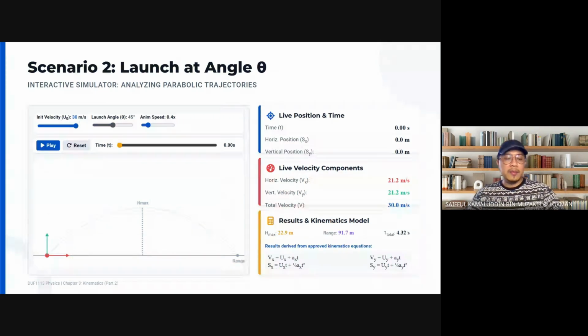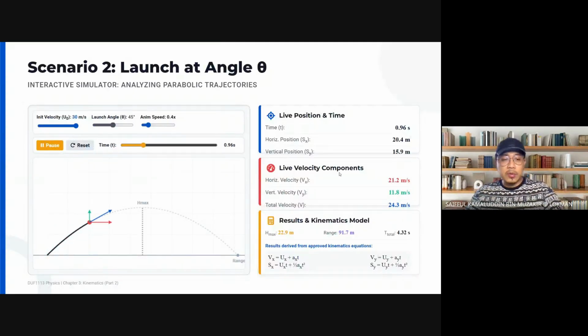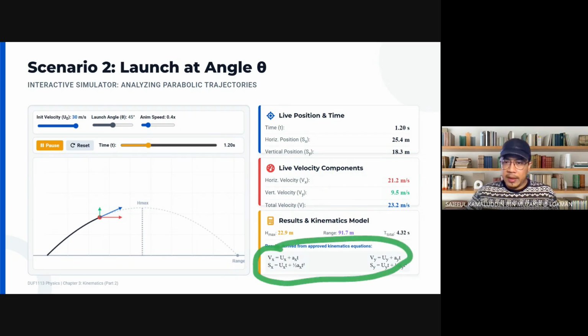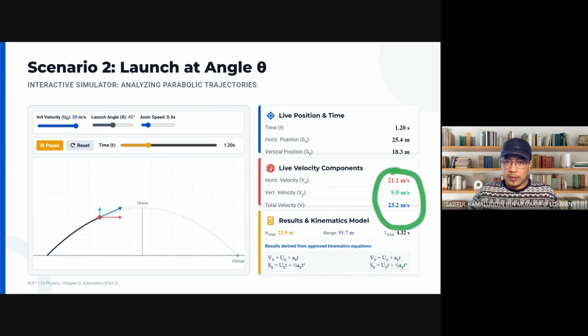So play around with the animation or the simulation. Make sure you try to calculate all these parameters using your own initiative. I don't put any questions over here so that you could play around. You try to calculate the Vx, the Vy from these equations. Make sure you got this one.